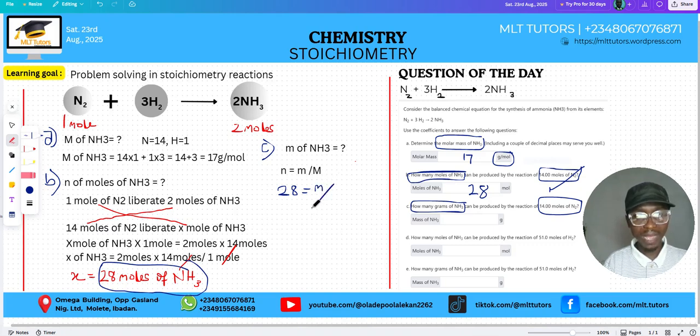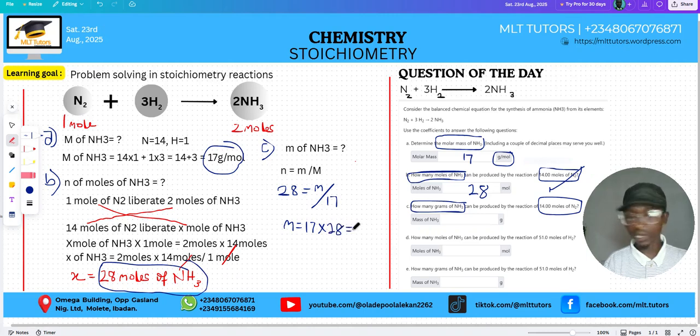Then the molar mass of ammonia, we have gotten that in question A, which is equal to 17. So if we make mass the subject of the formula now, that implies that mass will be equal to 17 multiplied by 28.